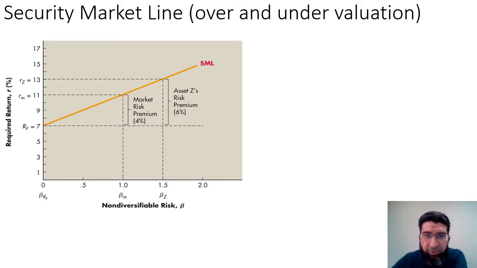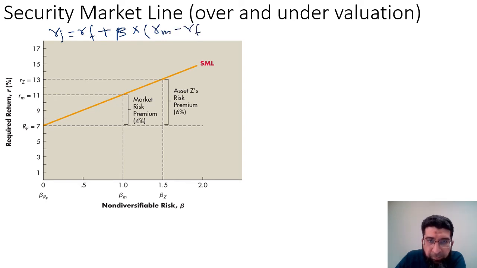So let's look at the security market line. This is based on the equation that we already saw, RJ equals the risk-free rate plus beta multiplied by market return minus RF. You can see that RJ is the required return and RF is given here while beta is given here, so the slope of the line will be RM minus RF.